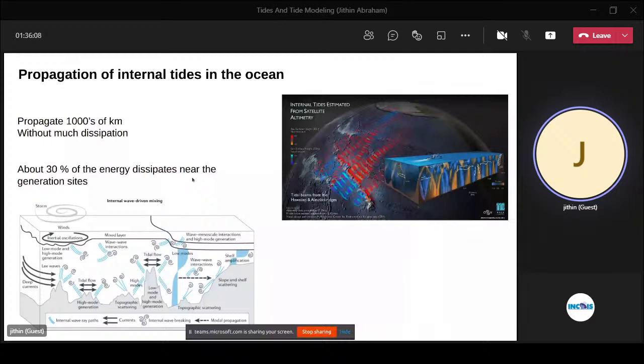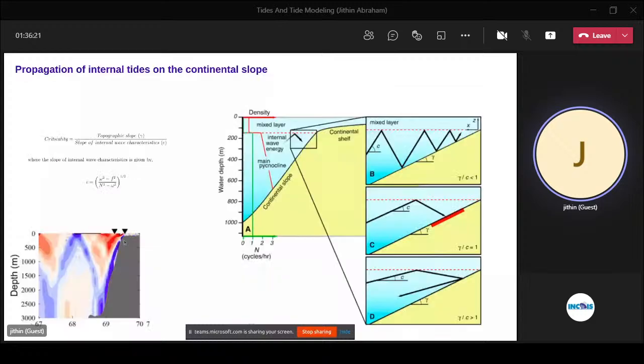As I mentioned, internal tides can propagate vertically in the ocean. It can be seen as a beam in the velocities, and it transfers the energy in the vertical direction.